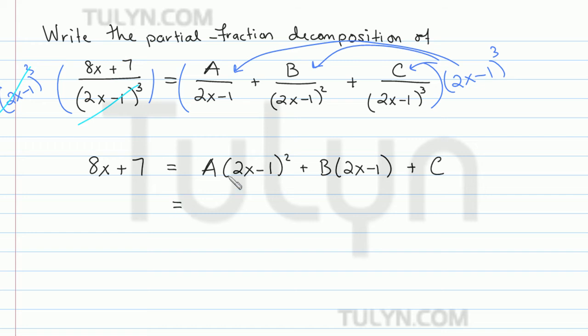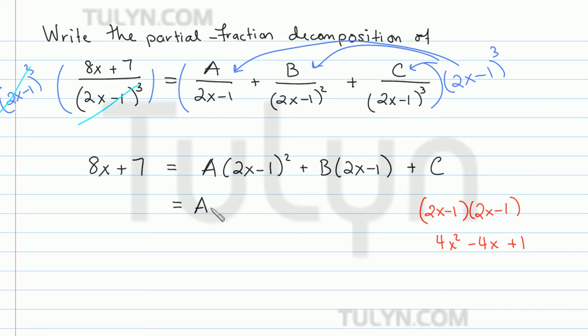The first thing I want to do is FOIL out that (2x - 1)^2. So let's do that on the side. We've got (2x - 1) times (2x - 1). This becomes 4x^2 - 4x + 1.